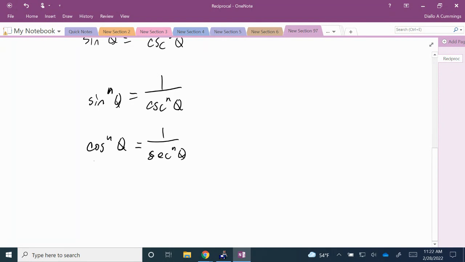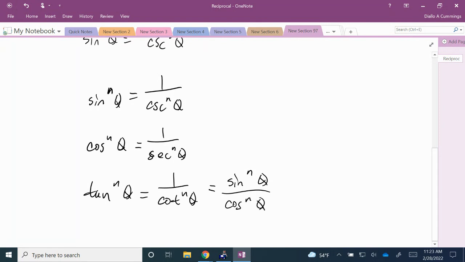So if we were working with cosine to the 4th power theta, you can write that as 1 divided by secant to the 4th power theta. Tangent to the nth power theta is 1 divided by cotangent to the nth power theta. That can also be written as sine to the nth power theta over cosine to the nth power theta.